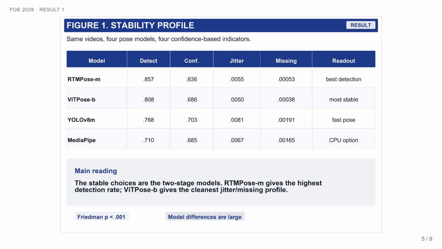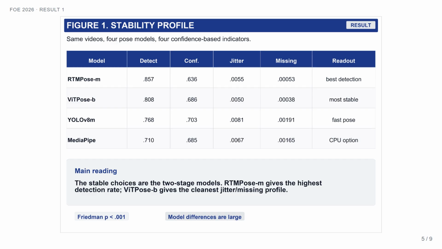Now we move to stability. This figure compares detection rate, mean confidence, jitter, and missing rate. The main pattern is clear. RTMPose-Medium has the highest detection rate. ViTPose-Base is the most stable in our data.